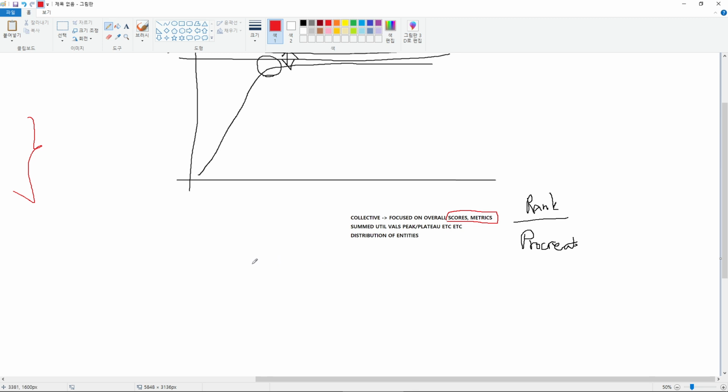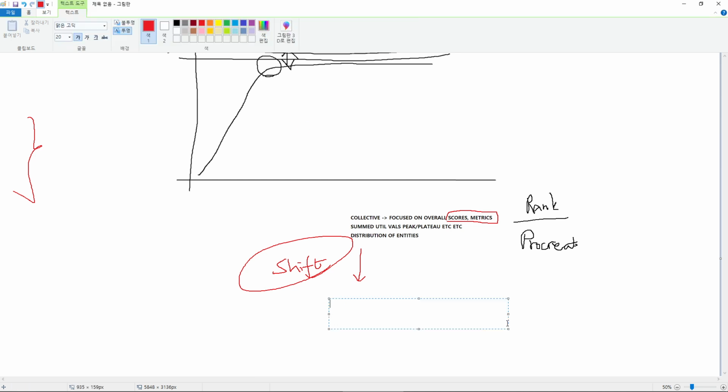So now I think would be a good time to start making this shift and find a balance where I could ensure that entities on an individual level can improve.